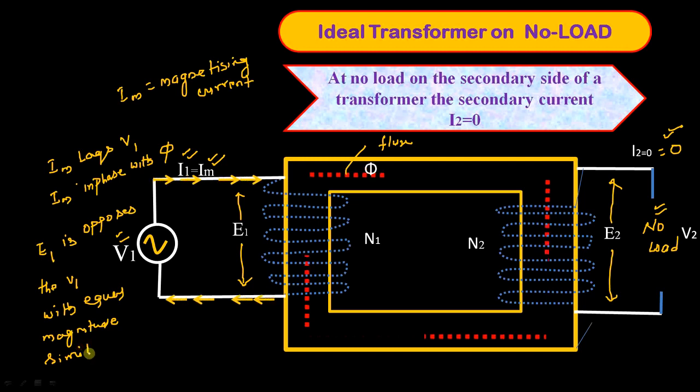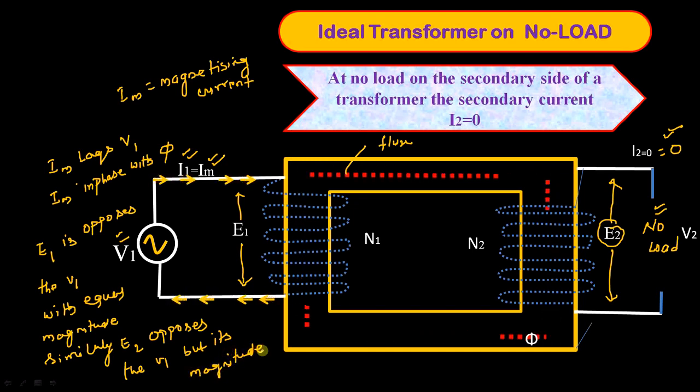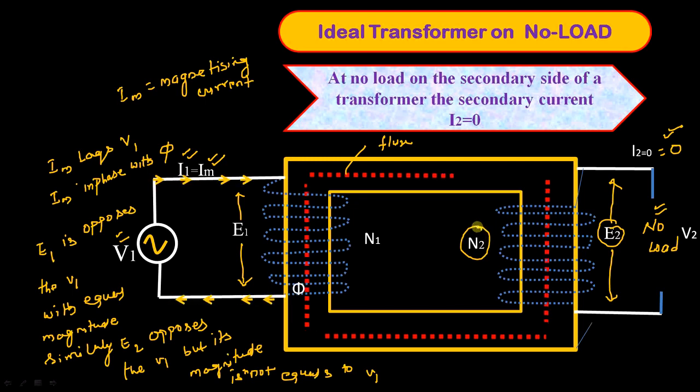Similarly, the secondary induced EMF E2 also opposes V1, but its magnitude is not equal to V1, because its magnitude depends upon the total number of turns on the secondary side.